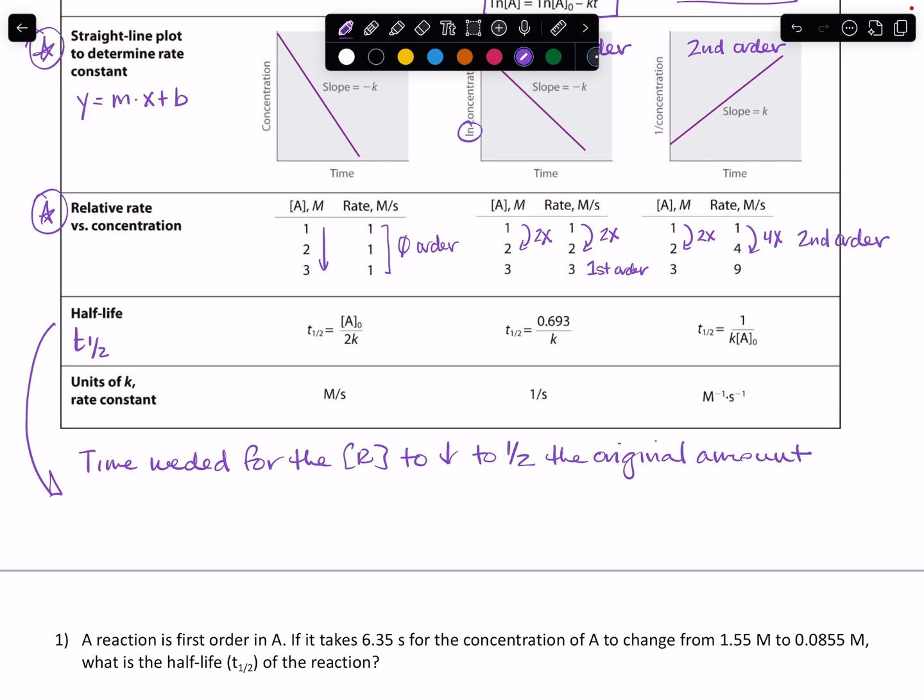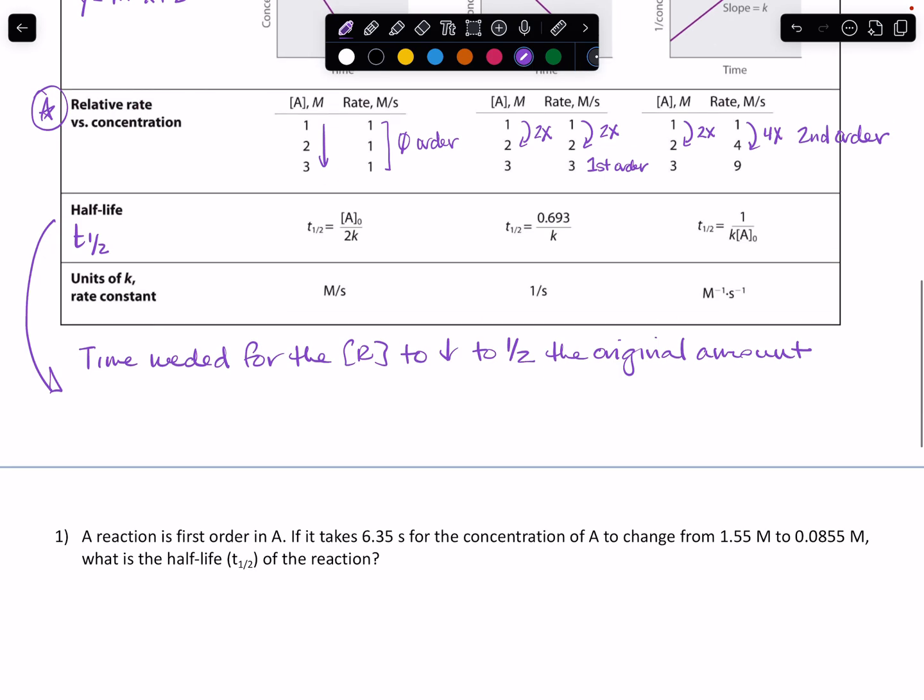Now that halving happens in succession. So you have your first half-life, so then you have half, and then if that goes down by half, that's the second half-life. If that goes down by half, that's the third and the fourth and the fifth. So you can calculate it over and over just by using a new initial concentration.